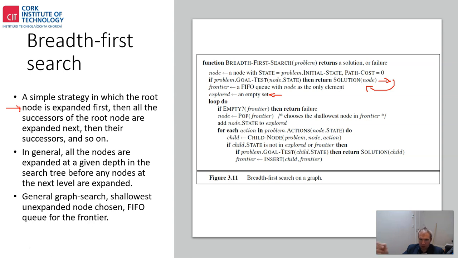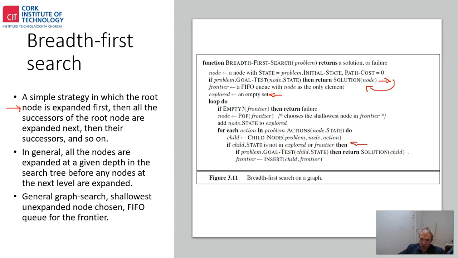Because it's a deterministic environment, we know what doing that action to that particular node would be, so we are able to define our child node, and then we say if the child.state is not in explored or frontier, then okay, so if this child has not been explored previously or is not in the frontier, then we test the child node to see if it's the goal.